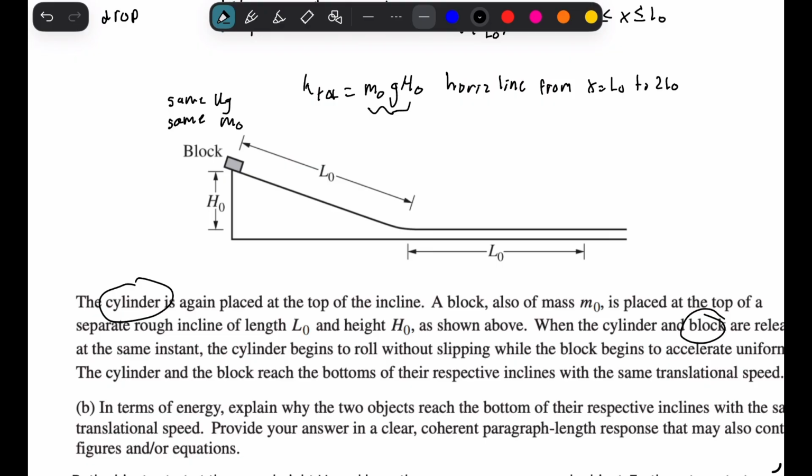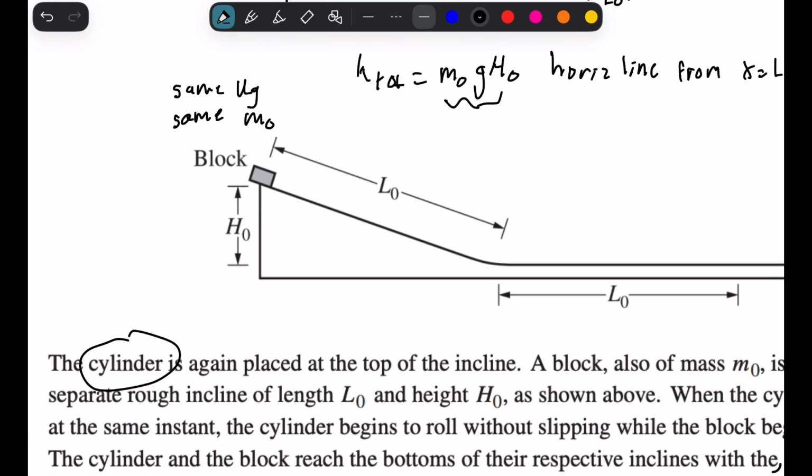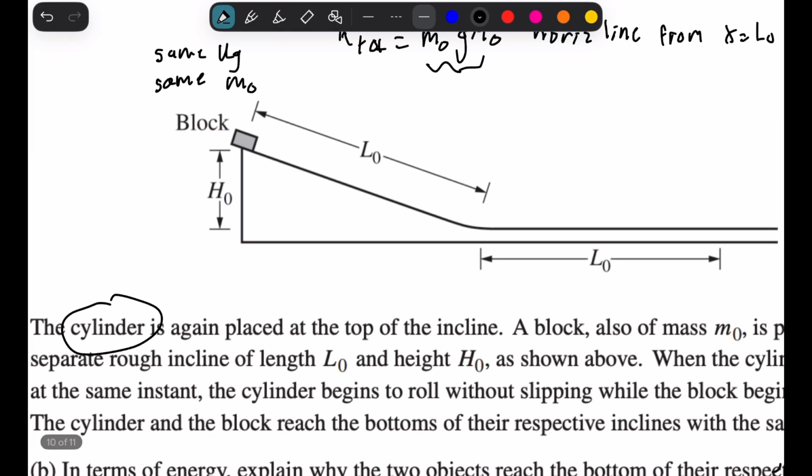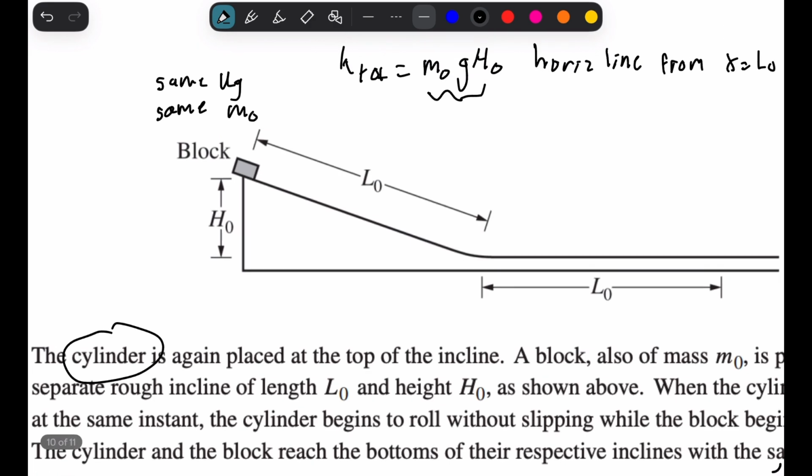So then we know that the object is going to roll down its incline for the cylinder without slipping because it's a circle, and that's going to convert that energy into kinetic energy. But we have to remember that kinetic energy is not just translational, it's going to be split into rotational plus translational. So here, your E total is K rotational plus K translational.